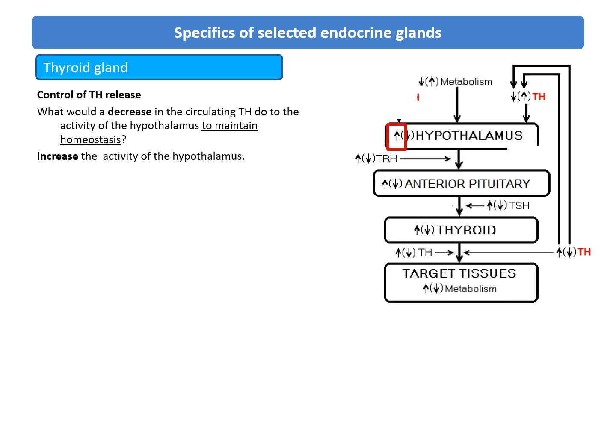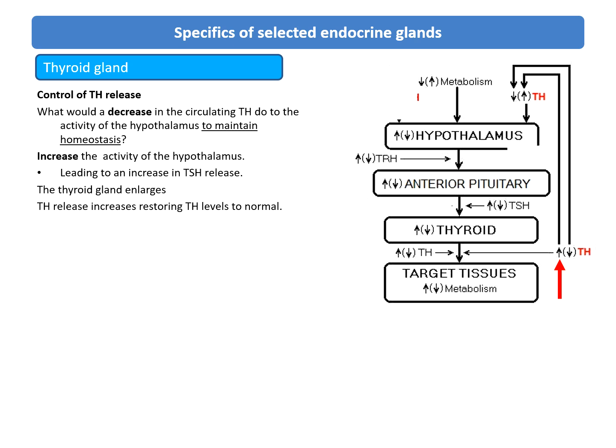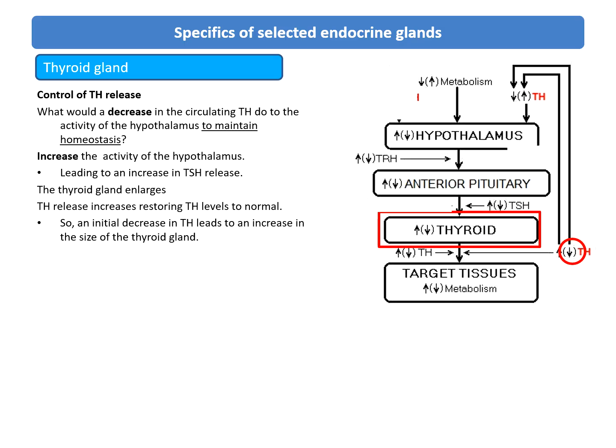It would increase hypothalamic activity, which would lead to an increase in TSH release. This causes the thyroid gland to enlarge. It releases TH, restoring TH levels back to normal. So an initial decrease in TH leads to an increase in the size of the thyroid gland.